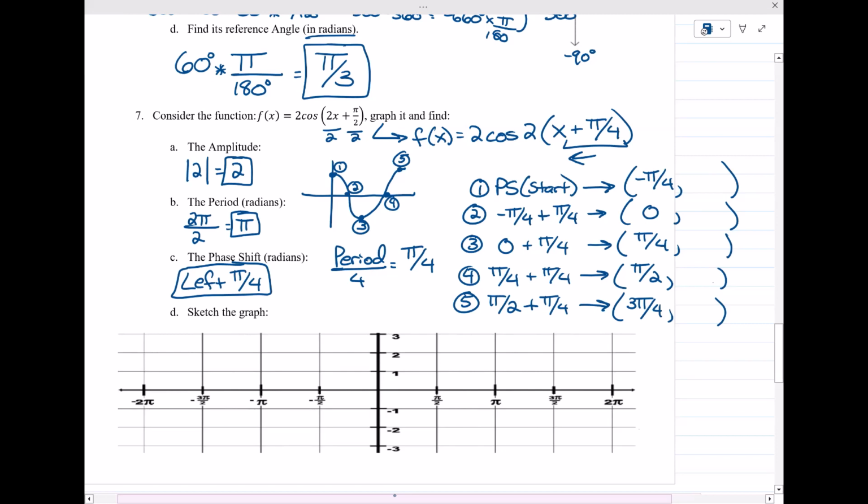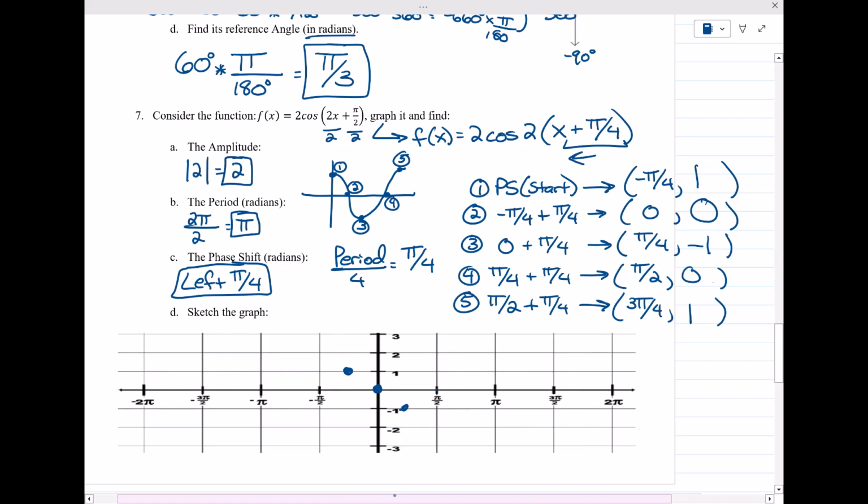Now, looking at the original graph, we start at 1, then go to 0, -1, 0, and then back to 1. So as far as what this graph's going to look like, we'll go negative pi over 4, go to 1. 0, go to 0. Pi over 4, -1.